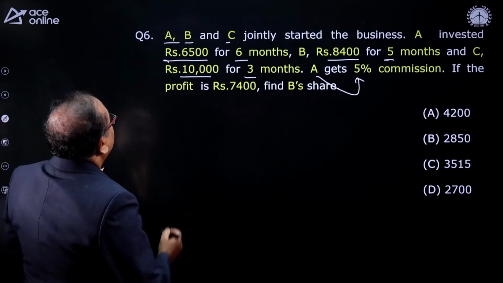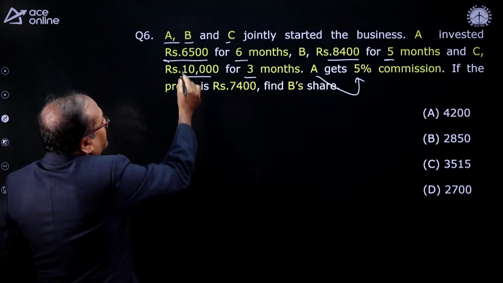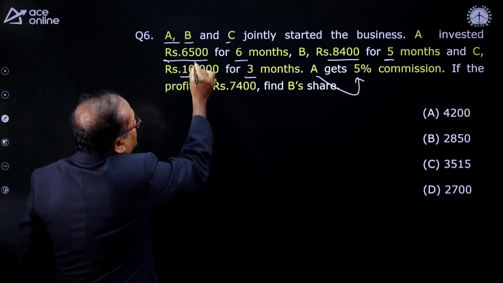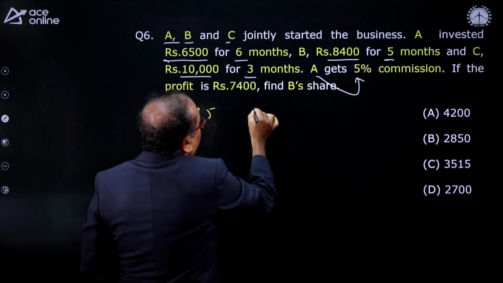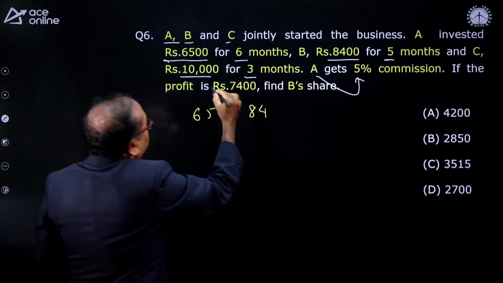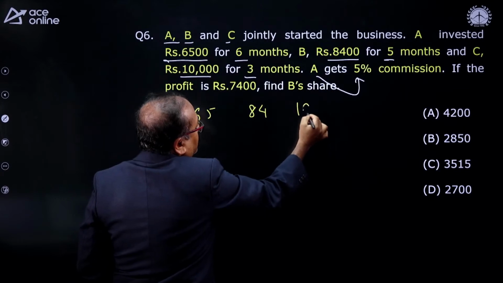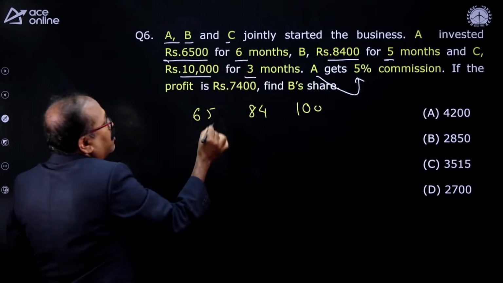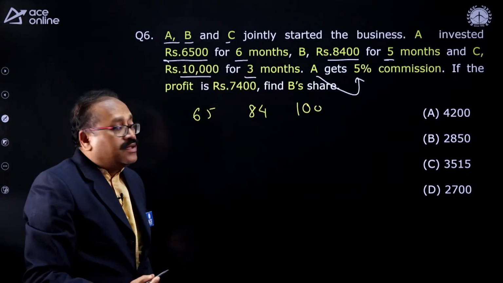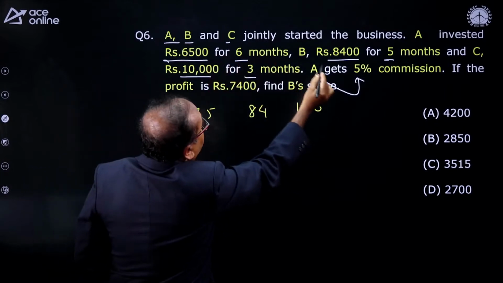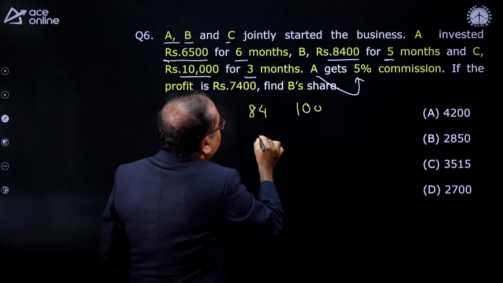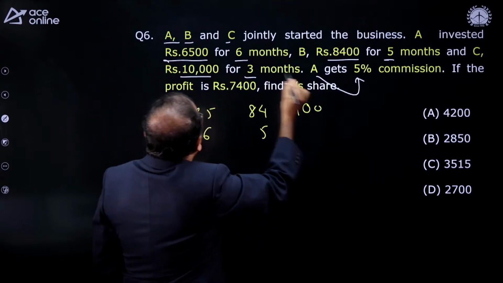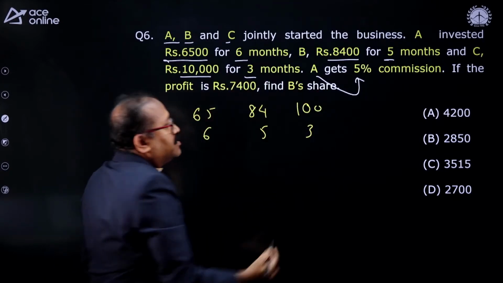Now I'll try to answer this one. Here it is 65. Look at this, 65 over here and B is 84 here and C, if I take the last 2 zeros out, is 100. And then A invested the money for 6 months, B for 5 months and C for 3 months.